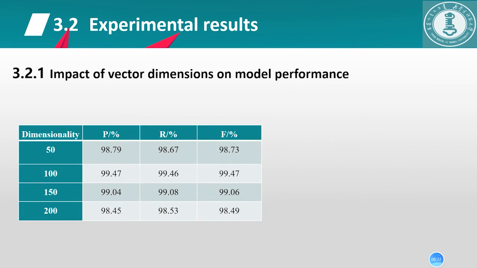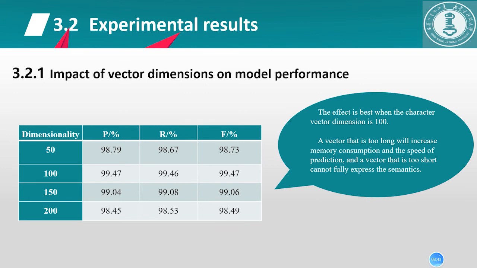The dimension of the vector is very important to the accuracy of Mongolian word segmentation and the speed of model training. The first experiment verifies the influence of the vector dimension on the performance of the model.